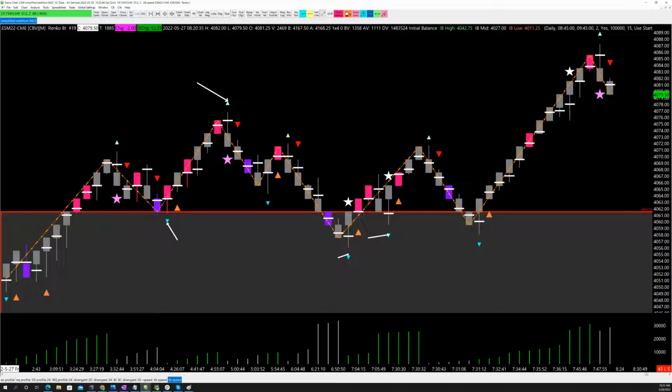Basically the idea is if I'm below a power bar, I want my bias on pushes back up against that power bar to be short, and if I'm above a power bar, I want pushes to come back against it to be long. Very simple concept. So now let's take that concept and put it in practice.